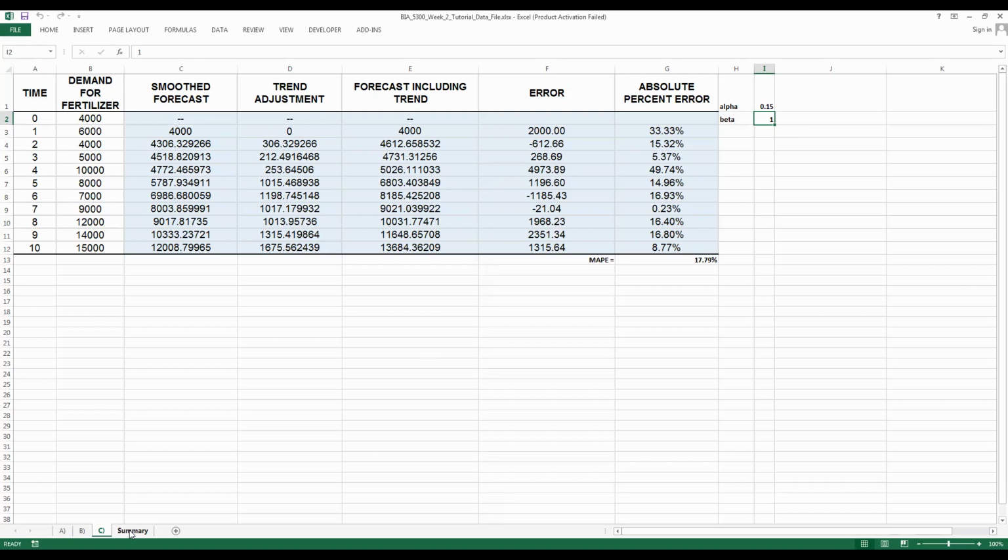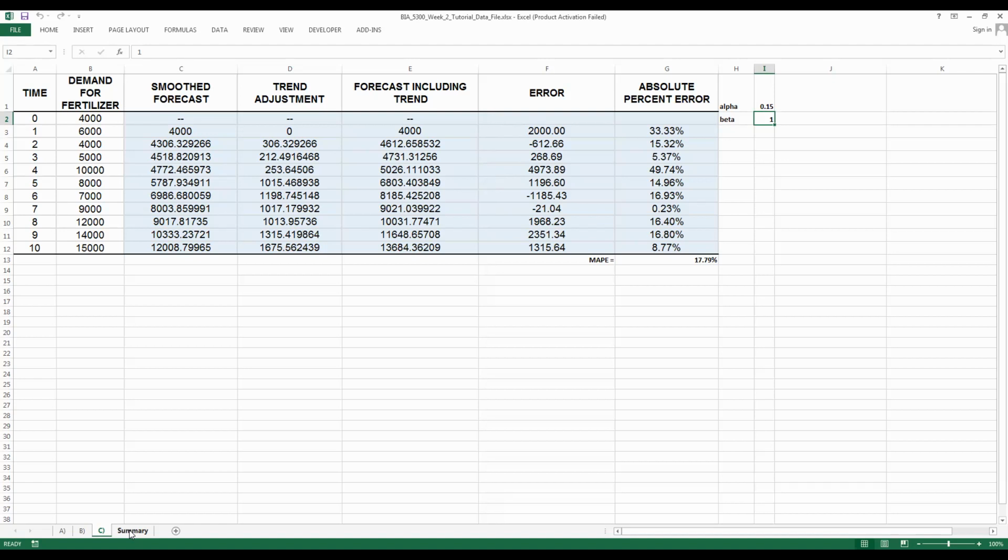Okay, so that's the sort of thing you have to be able to do for your assignments, for your tests and stuff. When given alpha or beta, you have to be able to implement these models, the exponential smoothing model and the exponential smoothing with trend model. With one of these models, you have to be able to calculate the MAD or the MSE or the MAPE, and you have to be able to use Solver to minimize that measurement, whether it's the MAD, MSE, or MAPE.